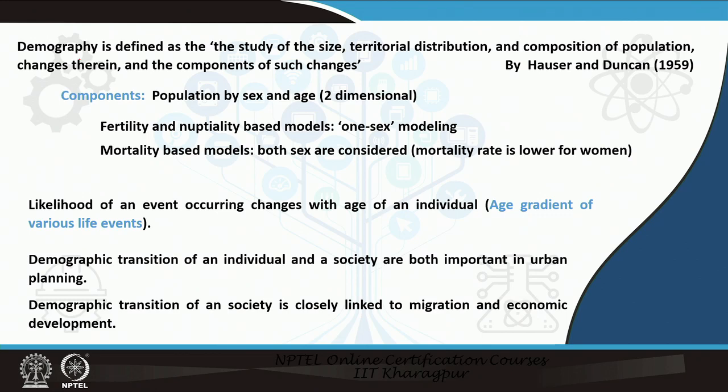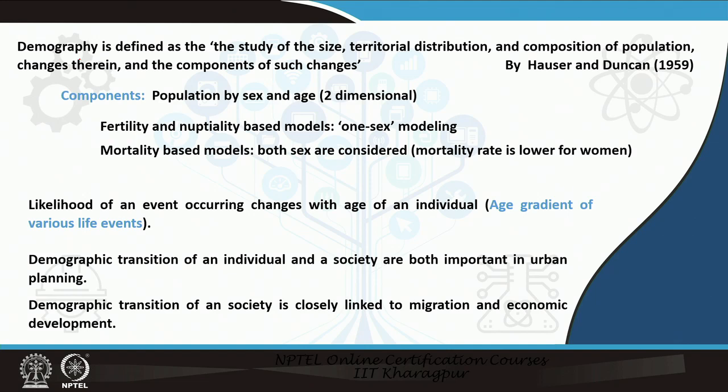Similarly, we can also look into mortality-based models, where both the sexes are considered, and the mortality rate of women is lower than men, but both the rates are considered, and we determine after a particular time period what is the survival rate of a particular age group or an age and gender group, and then accordingly we can decide on the future population.